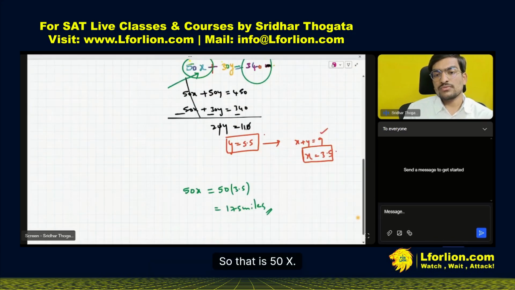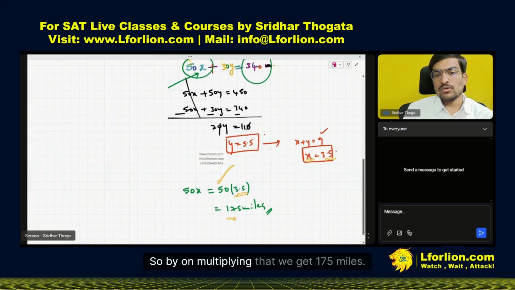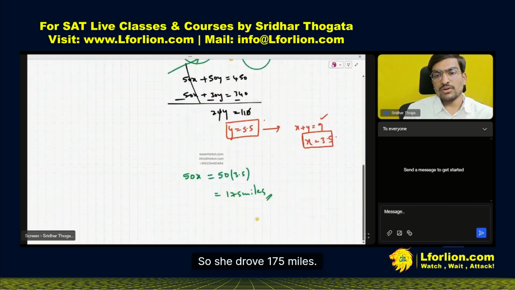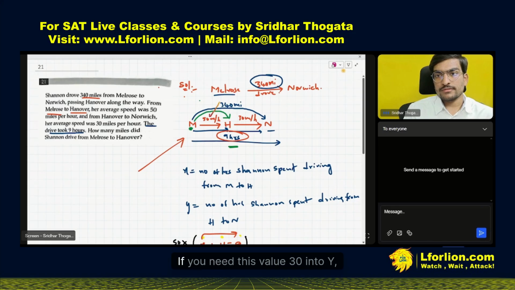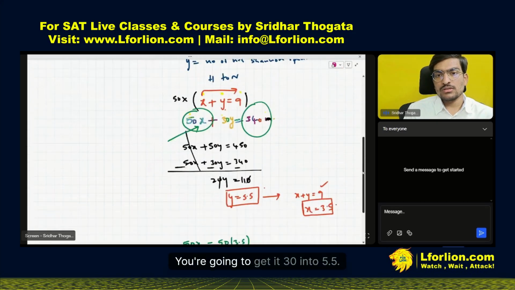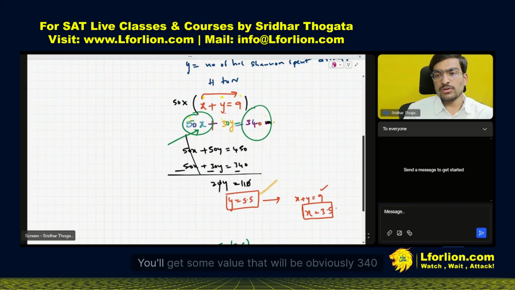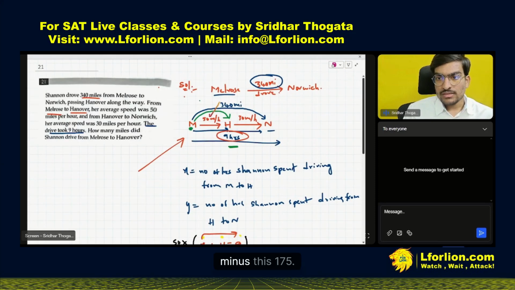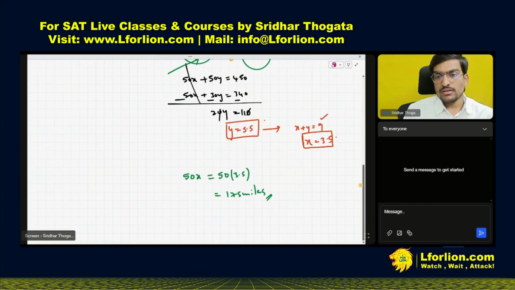So that is 50x, and the x value is 3.5. Multiplying that, we get 175 miles. So she drove 175 miles. If you need the other value, 30 times y, which is 30 times 5.5, you'll get it. That will obviously be 340 minus 175, which is 165.